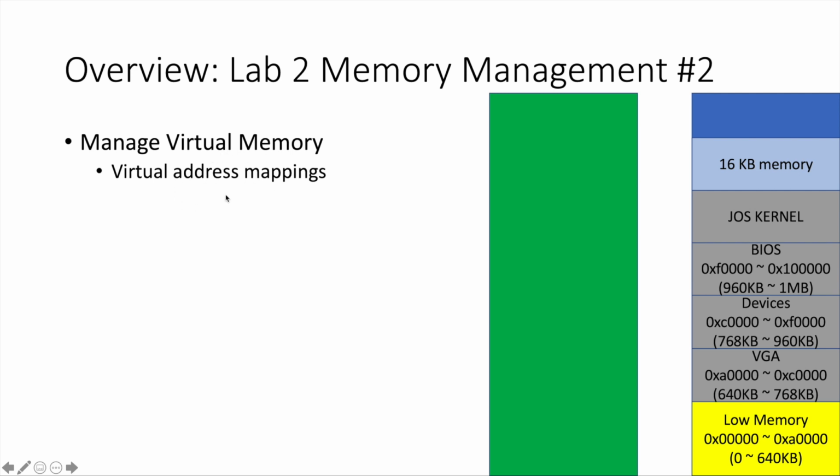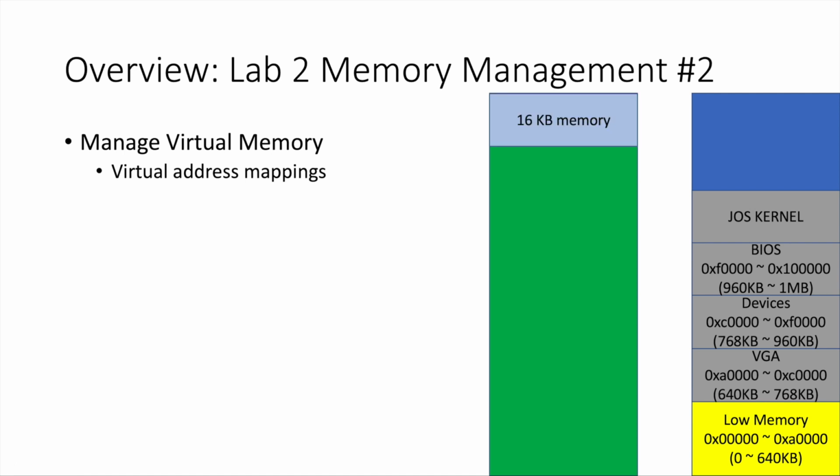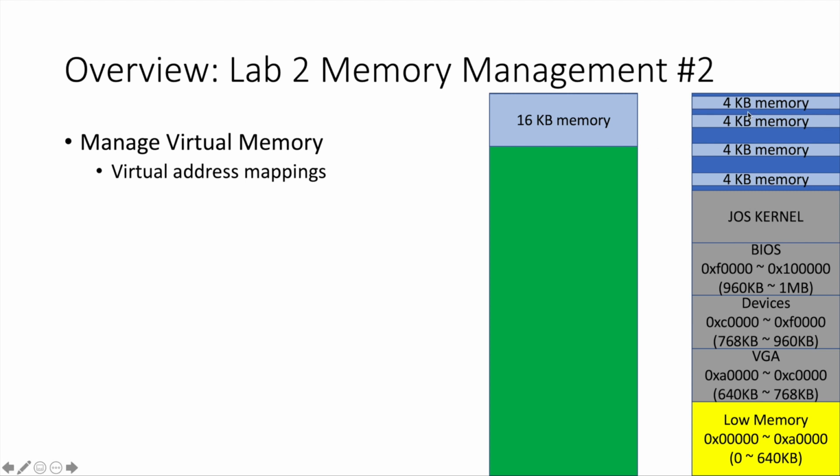An example of a virtual address mapping would be, instead of allocating 16 kilobytes of memory contiguously in physical memory, we can allocate it contiguously in virtual memory. We allocate physical memory page by page, 4 kilobytes at a time, and then create a mapping via a page table to back these contiguous 16 kilobytes of virtual address space with disjoint 4 kilobyte pages in physical memory.